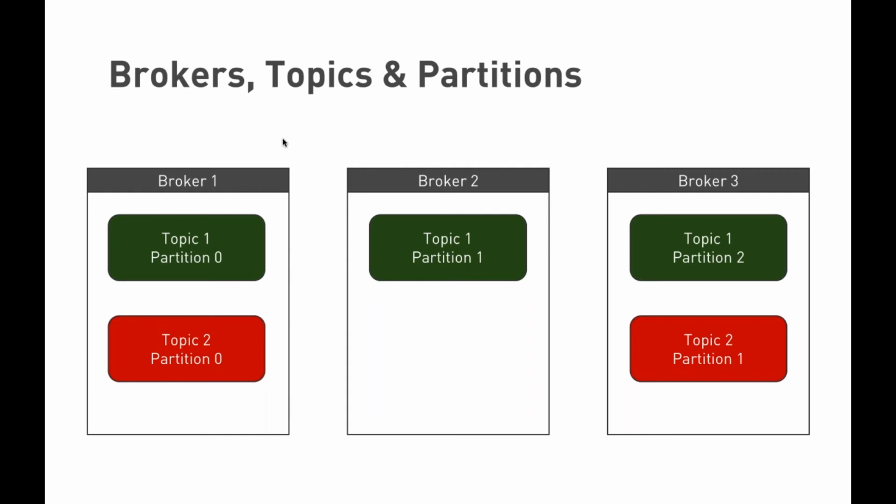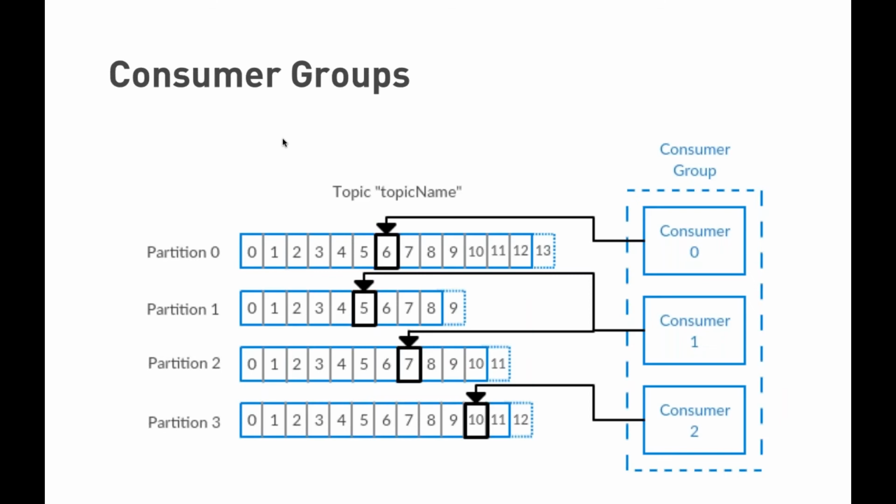All the messages that belong to a similar group will hit the topic, and each topic is further divided into partitions for better scalability and durability, and these partitions can be split across multiple brokers. So that's the whole concept of dealing with brokers, topics, and partitions.